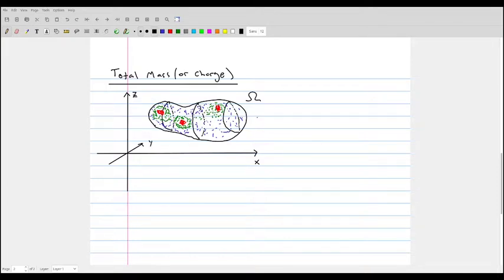So we assume that we have some function. It's a function of three variables, rho of x, y, z, and this function is the mass density function, or the mass density at the point x, y, z.